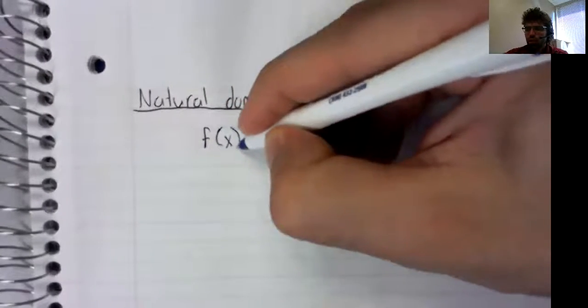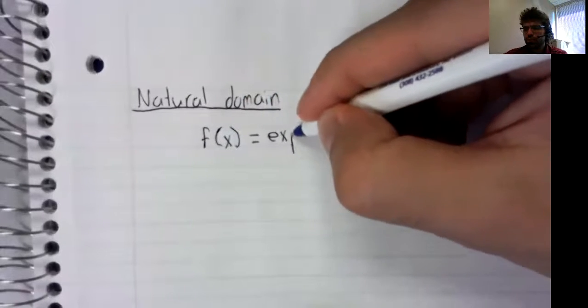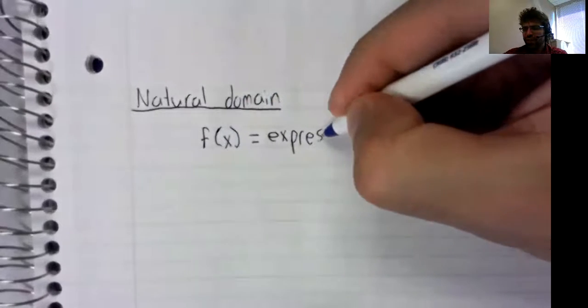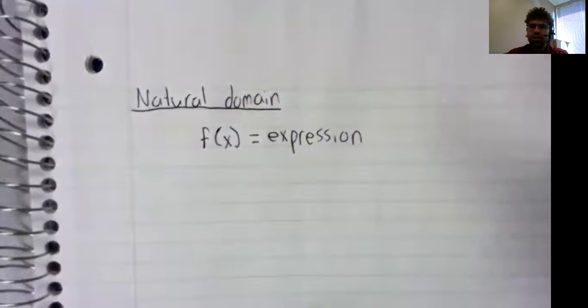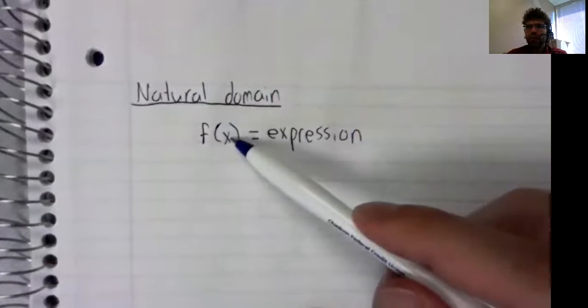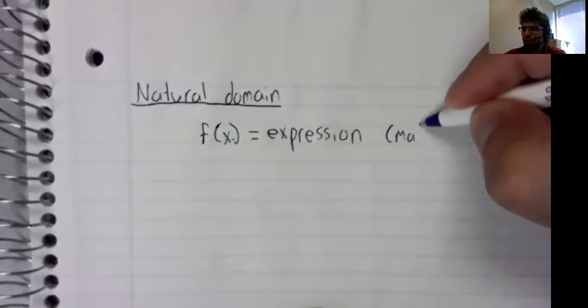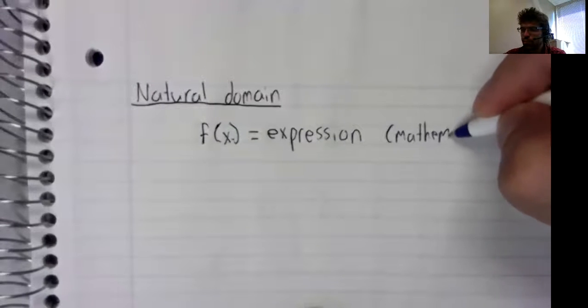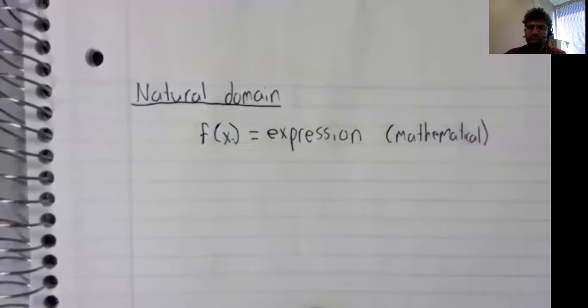So to talk about the natural domain, we need functions of this form. f of x equals a mathematical expression.